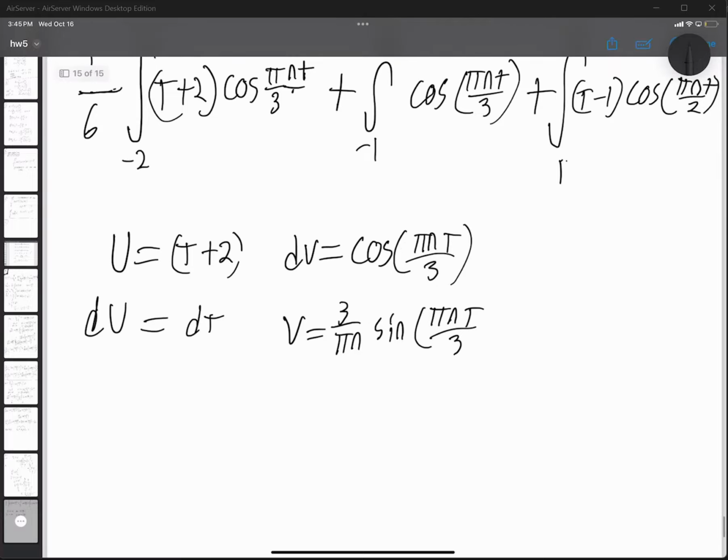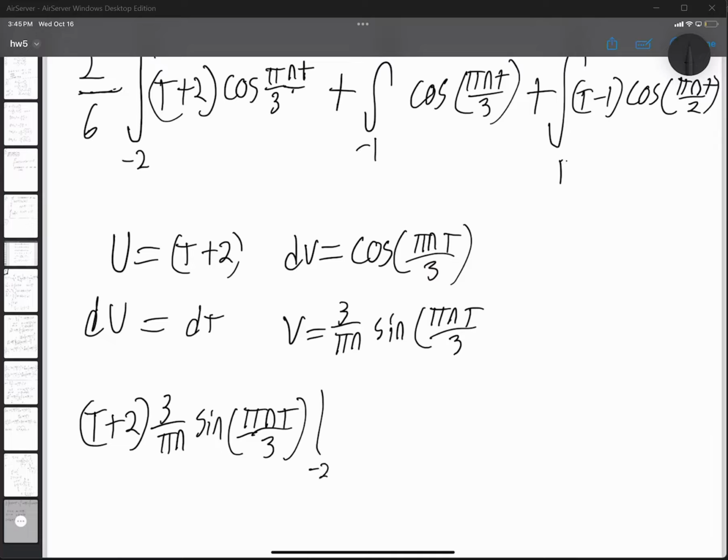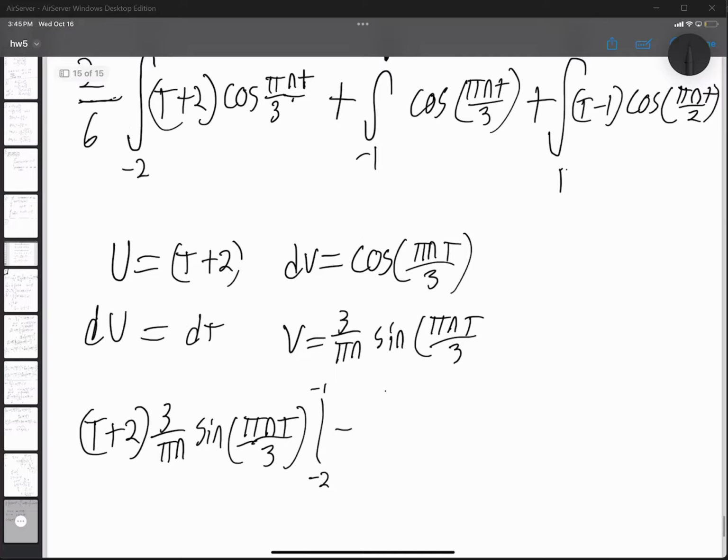Okay, and now we'll bring it down here. t plus 2 times 3 over pi n sine of pi nt over 3, from negative 2 to 1, minus the integral of whatever this is.